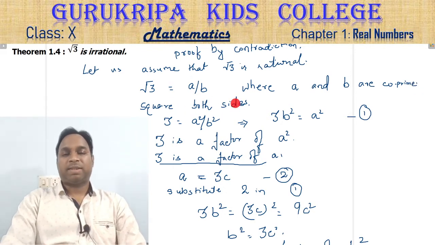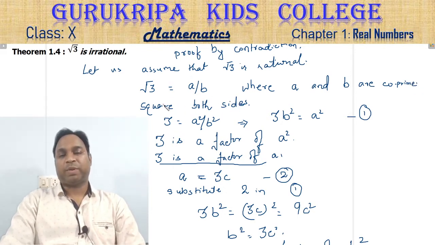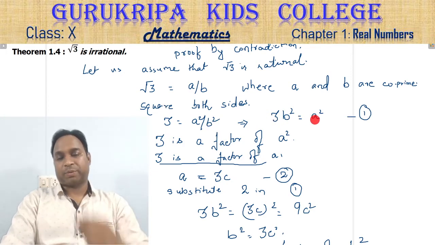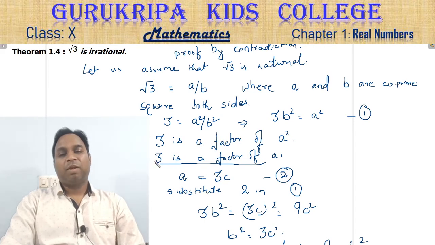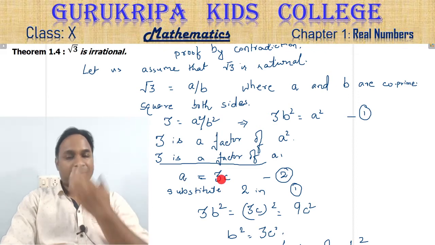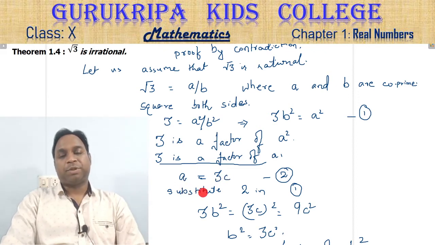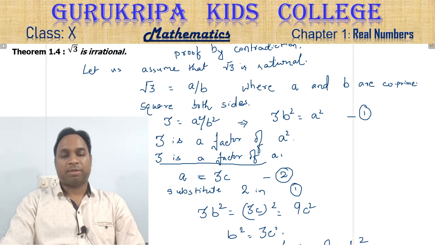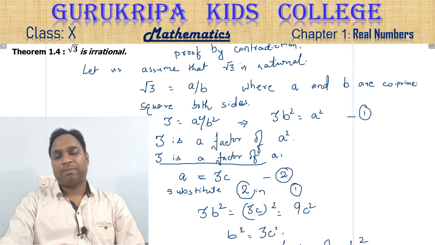Then we square both the sides to get 3 is equal to a square divided by b square. This gives us 3b square is equal to a square. From there, we get 3 is a factor of a. So we write a as 3 times some other number. Substitute equation number 2 in equation number 1.